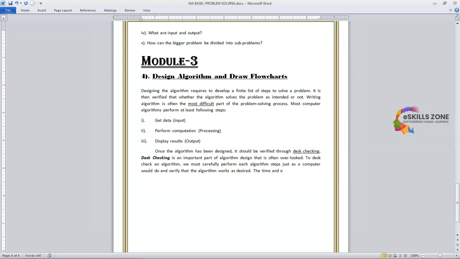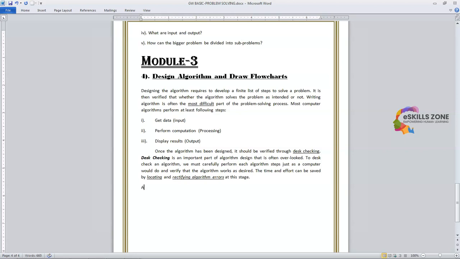Time and effort can be saved by locating and rectifying algorithm errors at this stage. So the only intention is finding and correcting the algorithm errors in this process, which is called desk checking, as we have just discussed above.